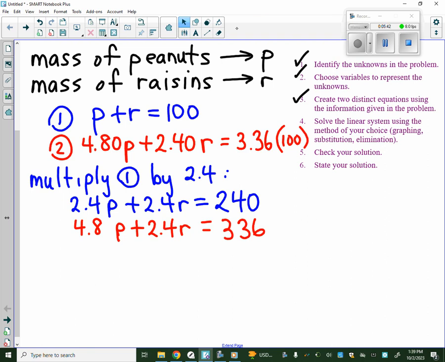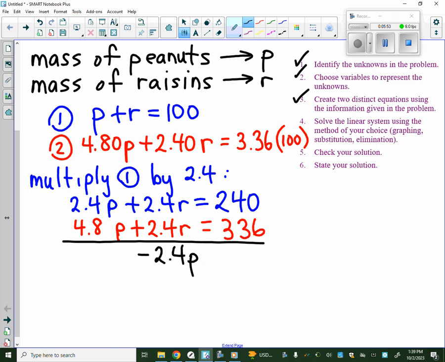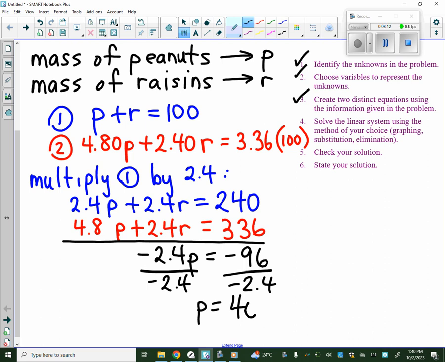I'm now ready to add or subtract these equations as needed. This is a subtracting situation to eliminate the r's. So I end up with negative 2.4p, and over here I end up with negative 96. Dividing both sides now by negative 2.4, we end up with p equaling 40.